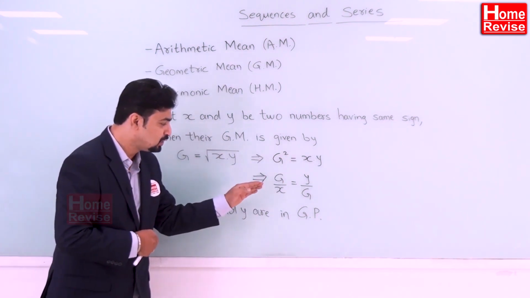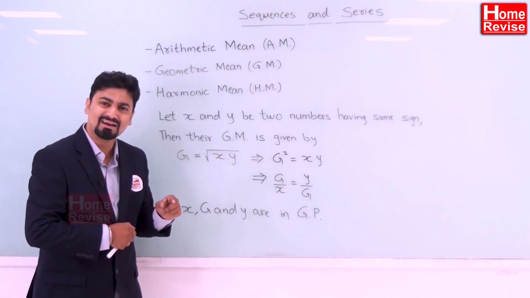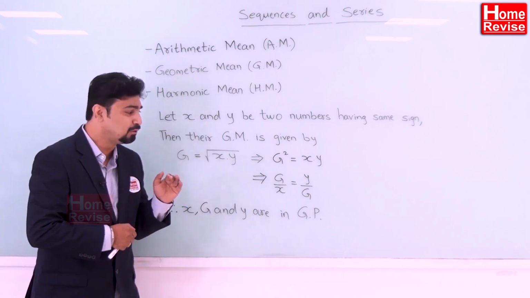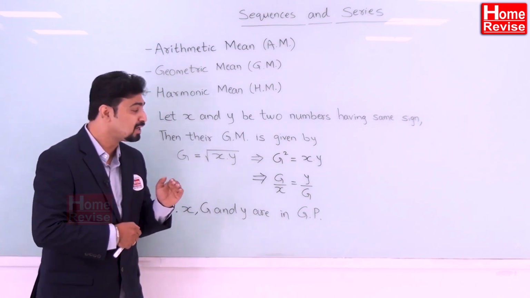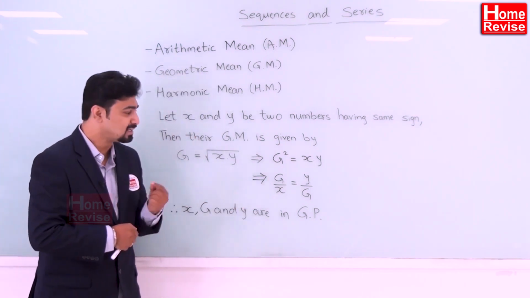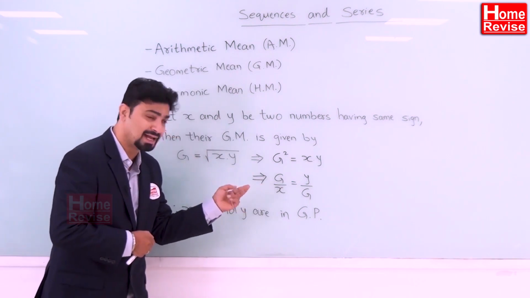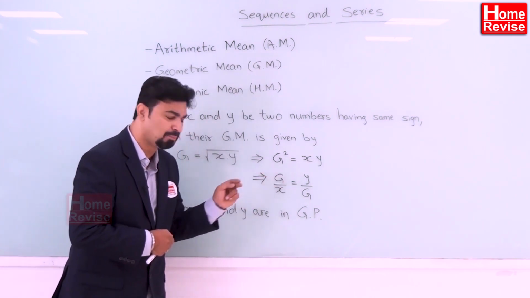So I get g/x = y/g. Now we see here that we have taken two different ratios and the ratios are equal. The first ratio is of g to x and the second ratio is of y to g. So the ratio g/x is equal to the ratio y/g.